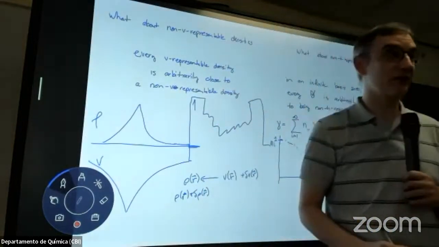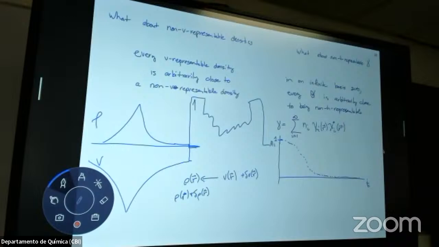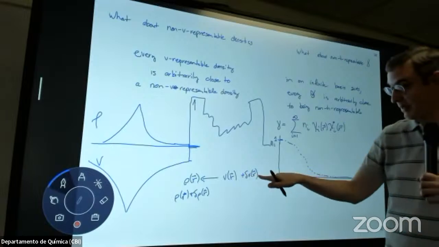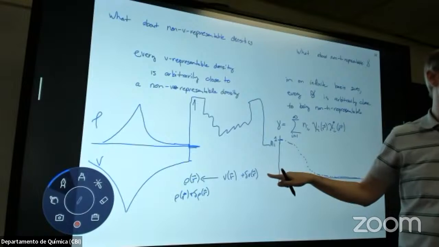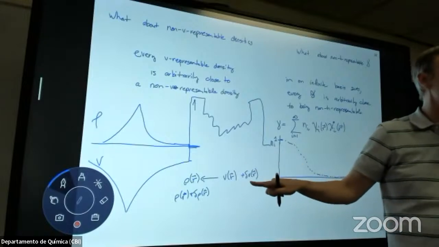A small change in V will give me a small change in rho. And that's only true when you correspond to a non-degenerate ground state. If it's a degenerate ground state, you make a small change in V, you break the degeneracy, and the density can change a lot, right?